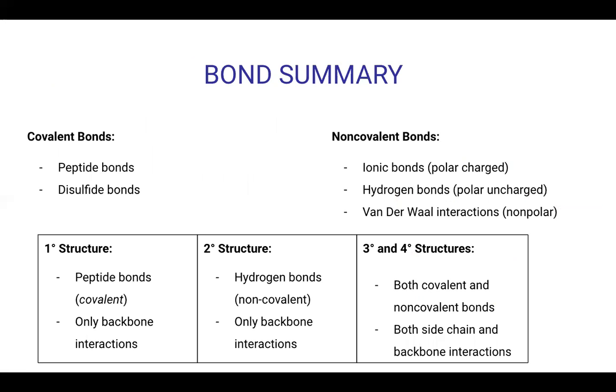Secondary structure, you have hydrogen bonds, which are only in your backbone interactions. No R groups here. And then tertiary and quaternary are very similar and have very similar bonding. So they both have covalent and non-covalent bonds, and they both have side chain and backbone interactions. Are there any questions?